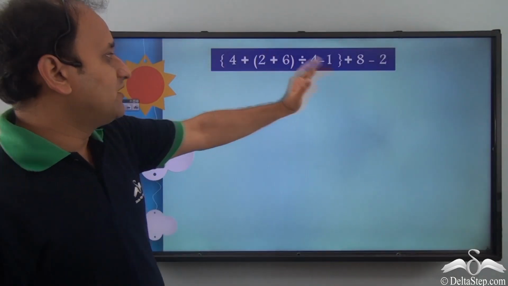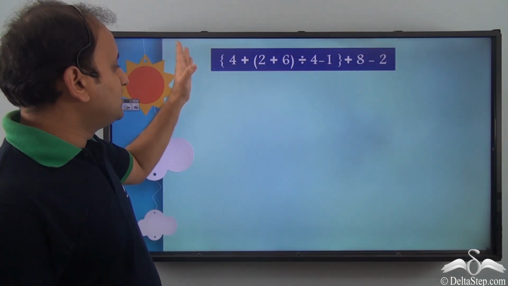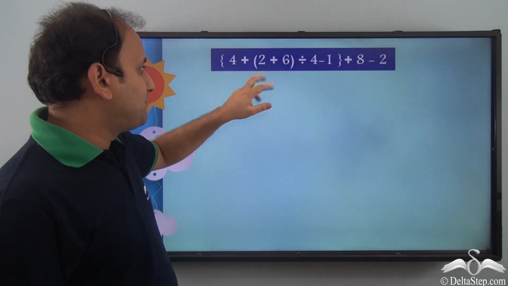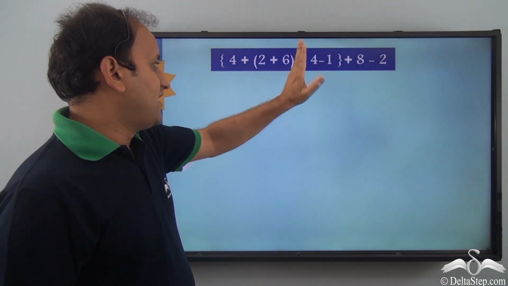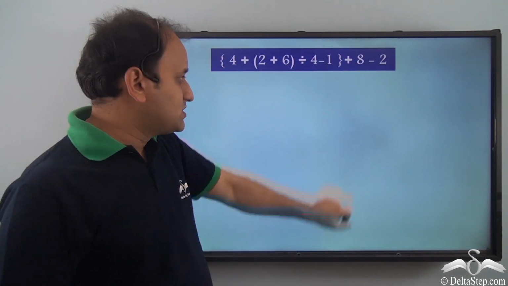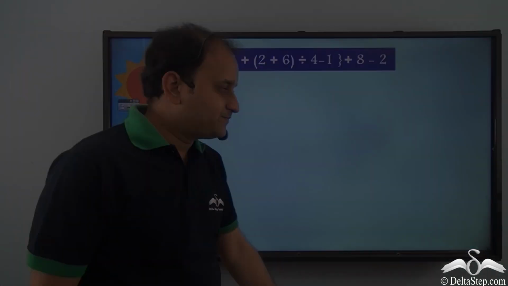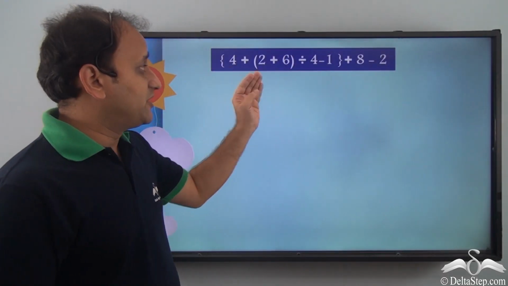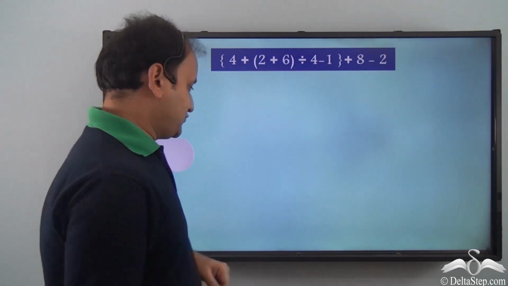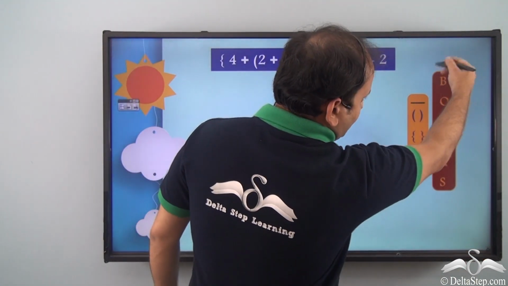Now we have this particular expression here. Now here we have the curly brackets. Within the curly brackets we have 4 plus, within common brackets, 2 plus 6 divided by 4 minus 1. Then the curly brackets close and then we have plus 8 minus 2. Now how do we solve this particular expression? With the help of BODMAS rule. So what does the BODMAS rule state?